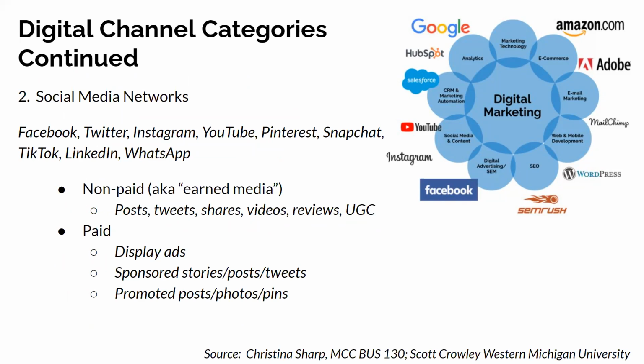And then we're looking at all these different social media networks. And you can put some of those in the chat right now. There's a couple listed up here. And that can be non-paid activity, meaning you're getting earned media, people through organic engagement, reposting your stuff, liking, sharing, etc. That is non-paid activity.